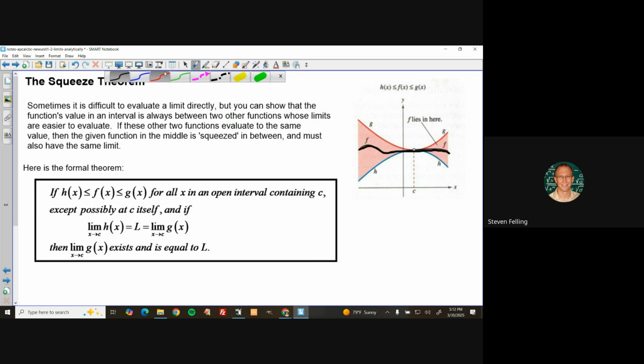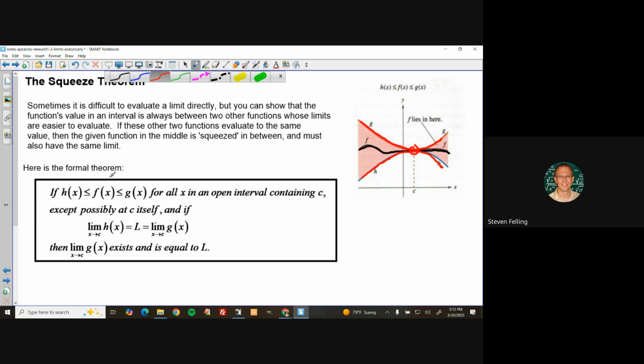But I can show that it's always underneath this simple function g, and it's always above this simple function h. If you can show that h and g both have a limit of some number, then that means that since f is squeezed in between h and g, it has to have the same limit.